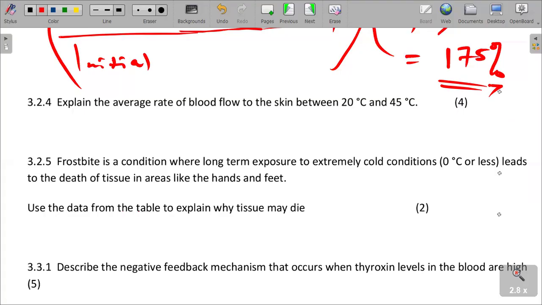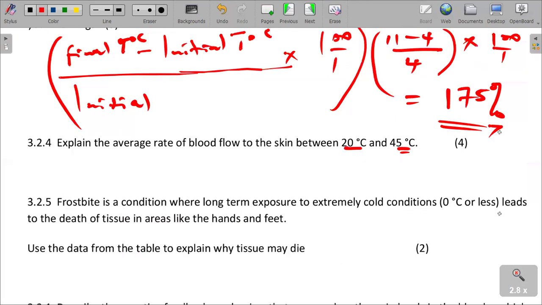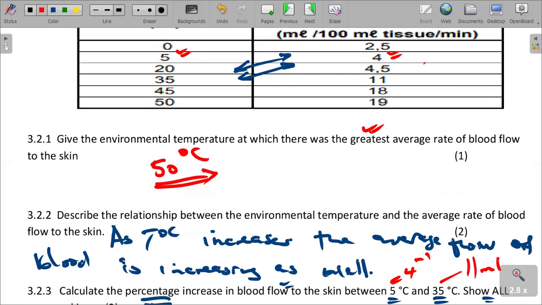Explain the average rate of blood flow to the skin between 20 and 45 degrees Celsius. The average flow between 20 and 45 degrees.